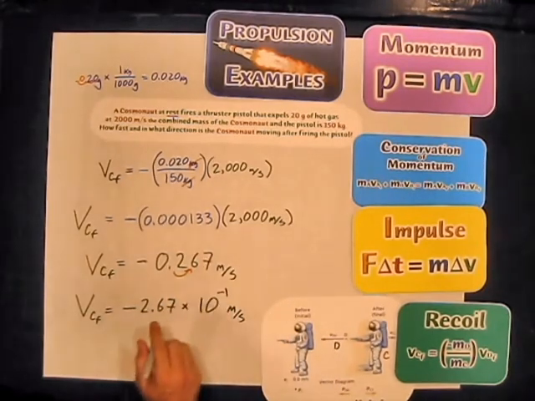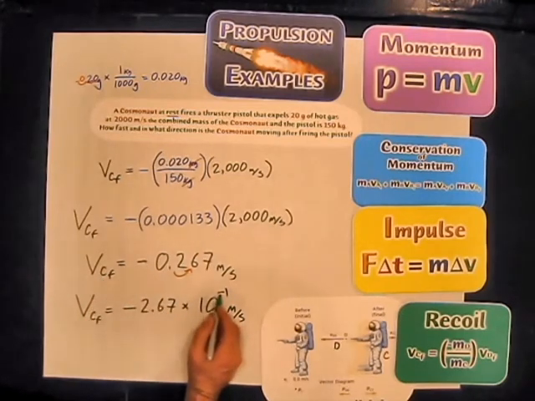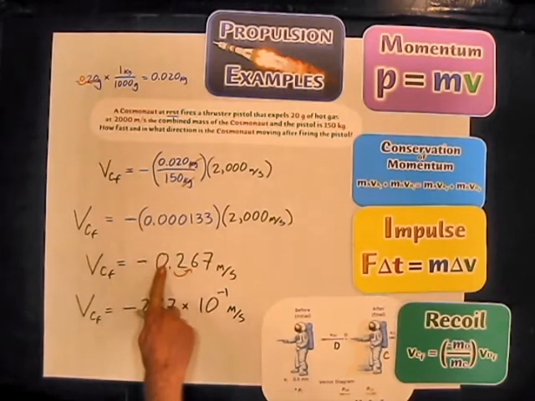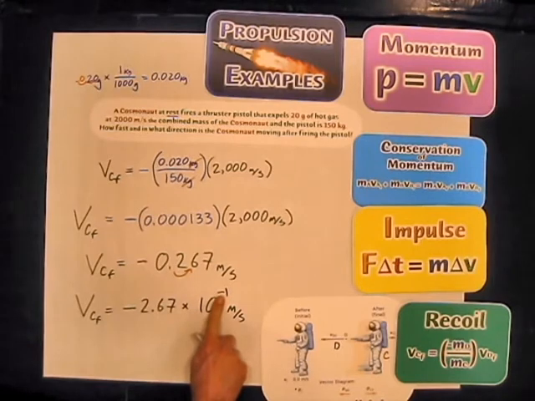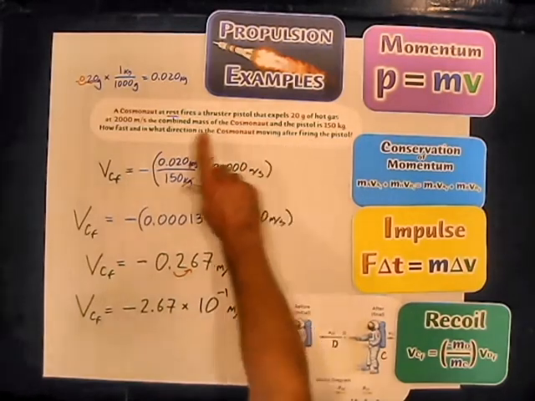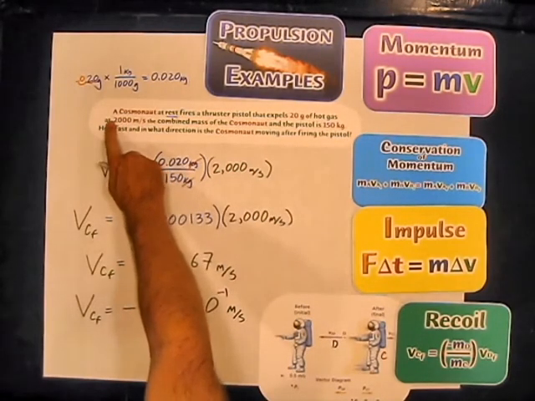So isn't this funny? This is actually a negative velocity with a negative exponent. This, however, doesn't really make it negative. This just means that the value was less than 1. Notice how this is less than 1. That's what that means. This means that it's really negative. So notice that we have defined the direction that the gas was going as positive, because this was a positive number.